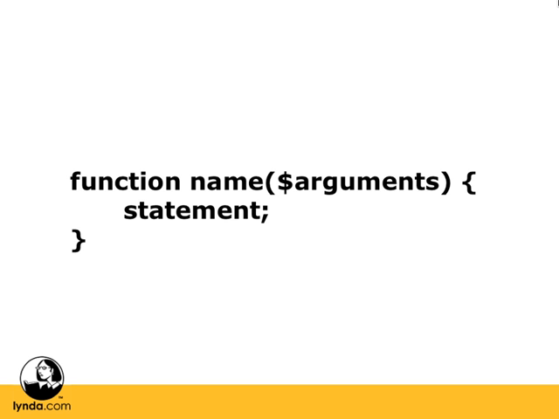Now, the first slide said that we were talking about user-defined functions, and that's because these are functions that we define ourselves. Well, that implies that there are also functions that were not defined by the user, and in fact, PHP has many of those already, and we've seen some of those.